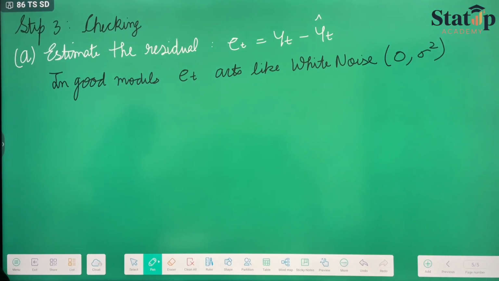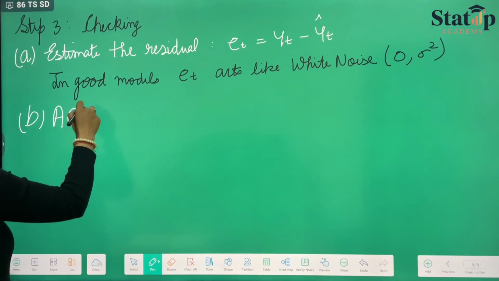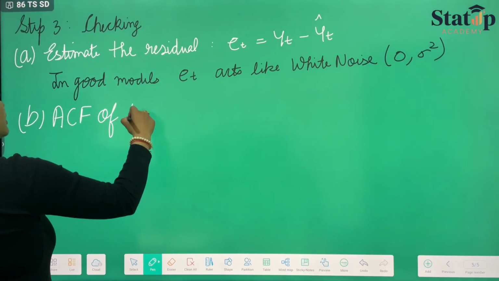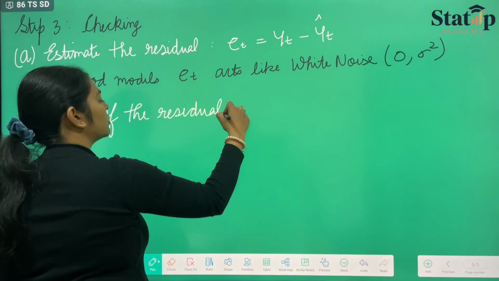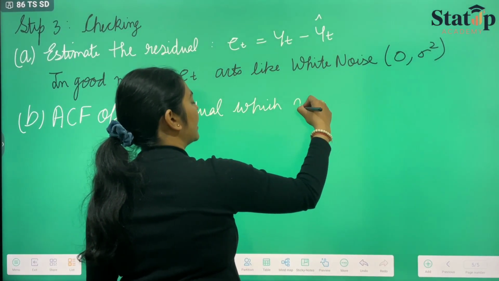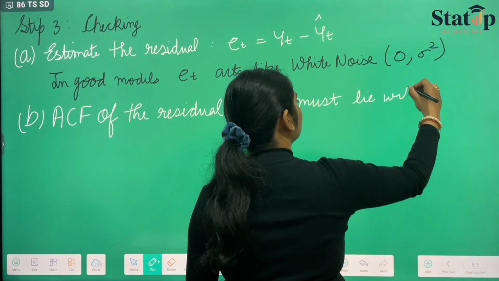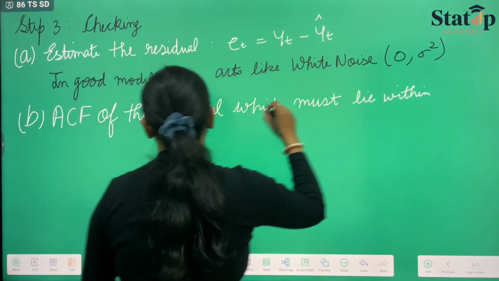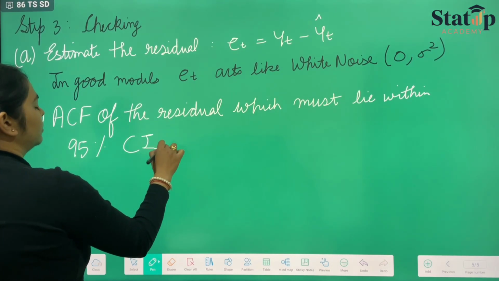And now we have to find the autocorrelation function of the residual, which must lie within the 95% confidence interval.